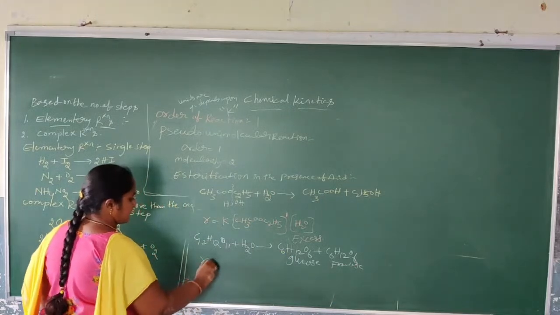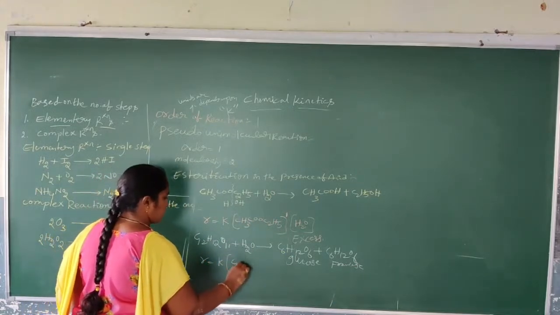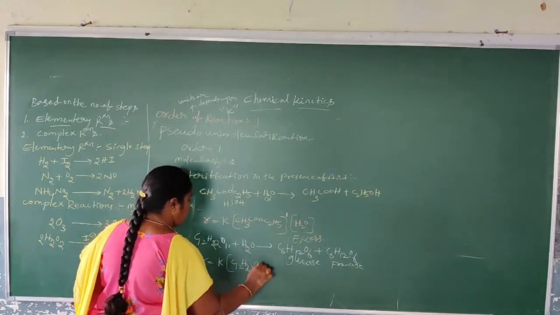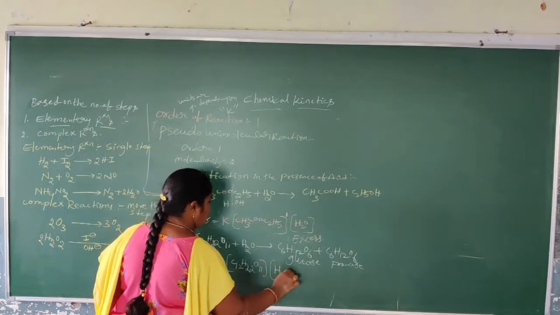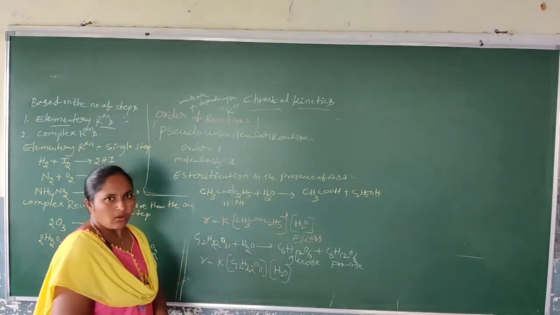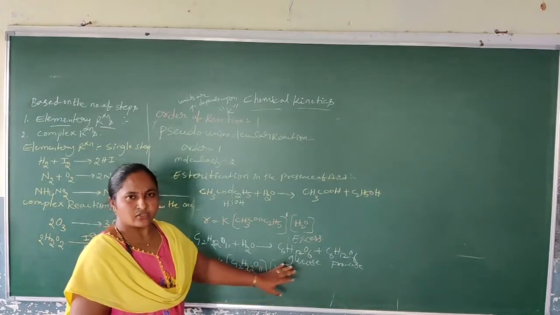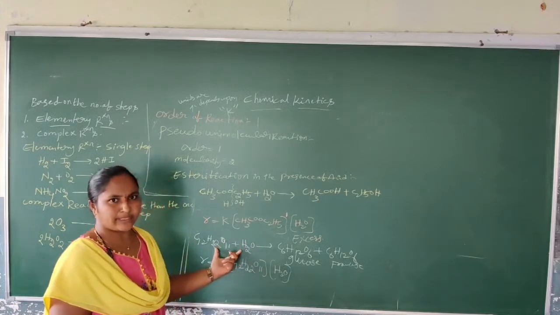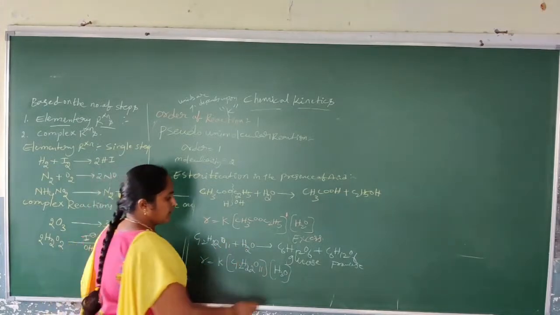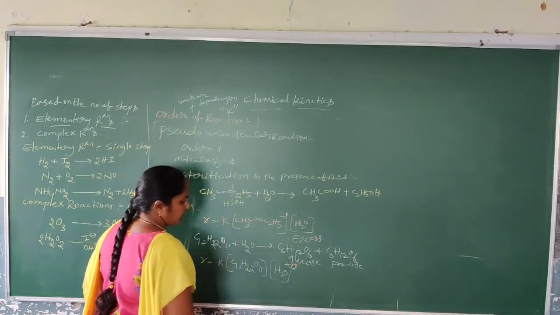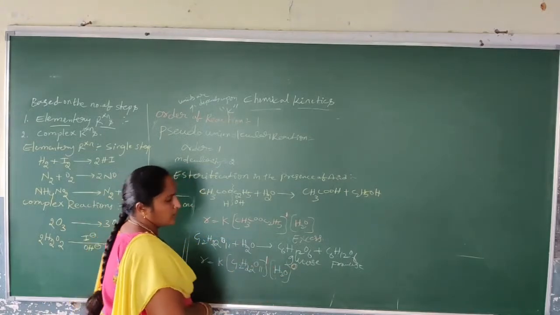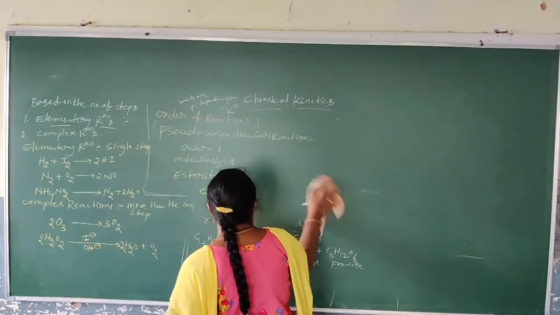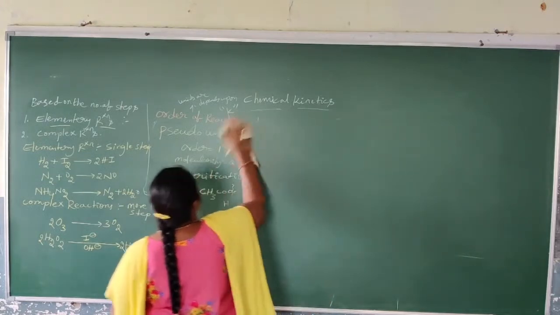The rate is equal to K into C12H22O11 into the H2O concentration. Here also water is taken in excess quantity, so it does not affect the order of the reaction. But how many molecules are participating? Two molecules. Order is 1, H2O to the power of 0 does not affect the order of reaction, but molecularity is 2. That type of reaction is called a pseudo unimolecular reaction or pseudo first order reaction.